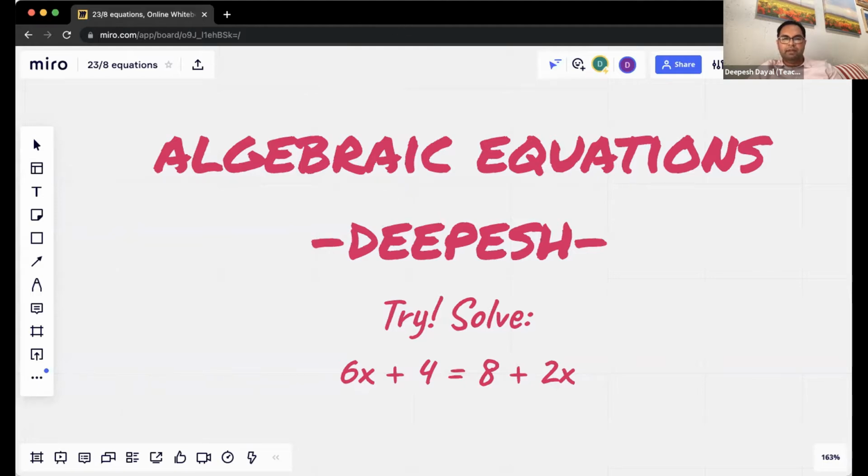X equals 1 according to Kyra and according to Samkelo. Kagiso's also given me x equals 1.